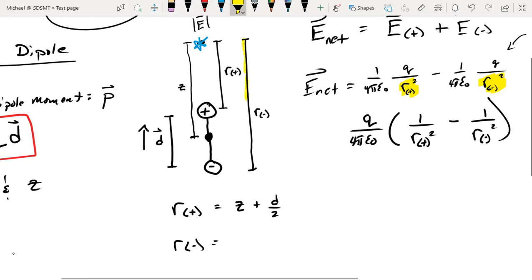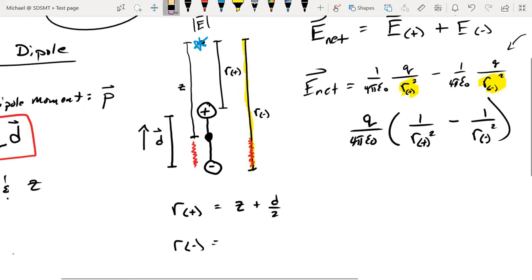So if we come all the way down R negative, well, we've not only gone the full length of Z, but we've also gone an additional distance of half of D.